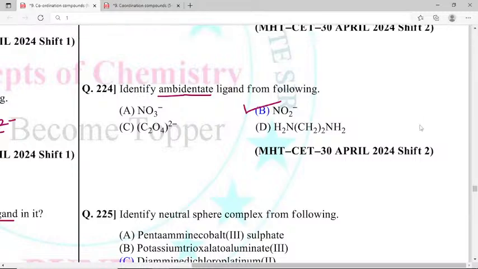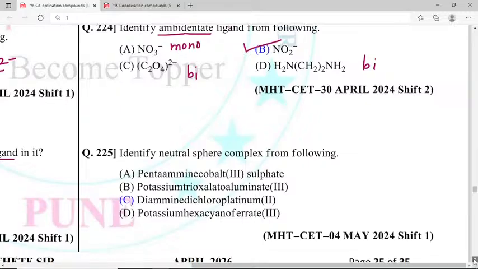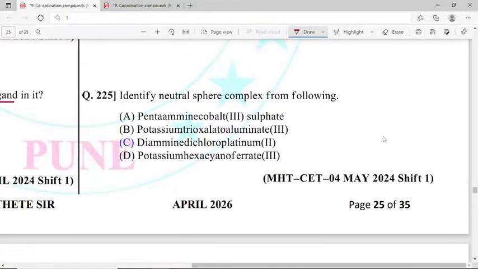So this is bidentate. This is again bidentate. This is nitrate. Nitrate is a monodentate ligand. And this is ambidentate ligand. Nitro, cyanide, isothiocyanate, thiocyanate.